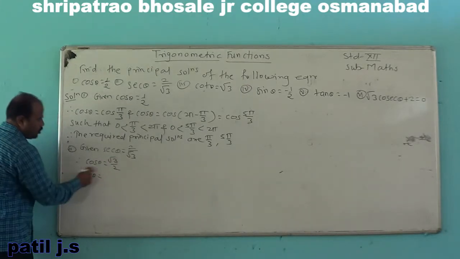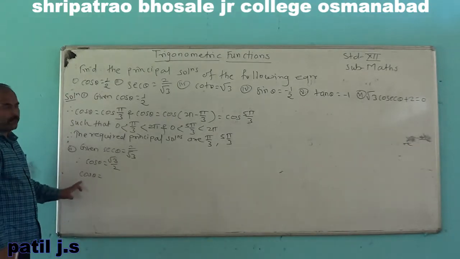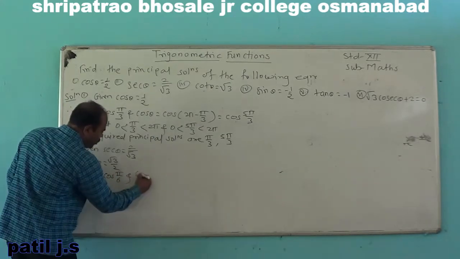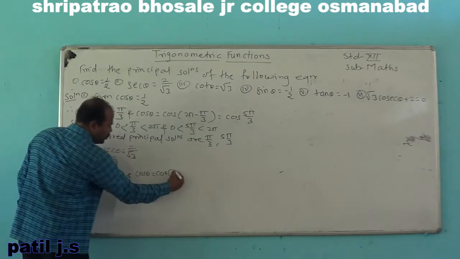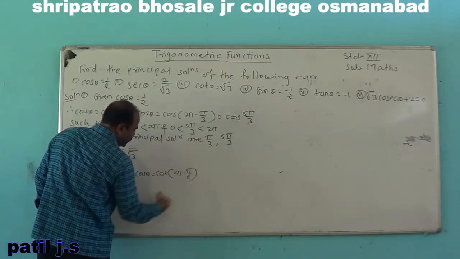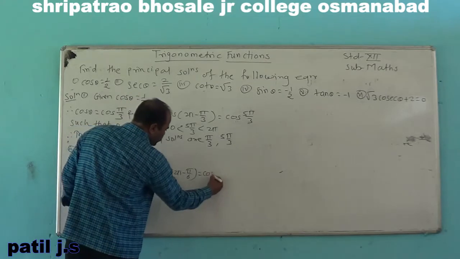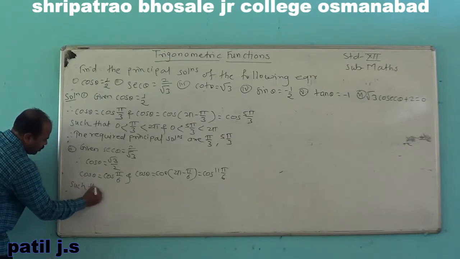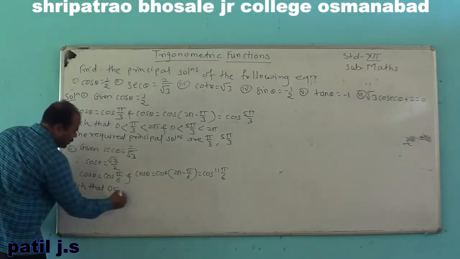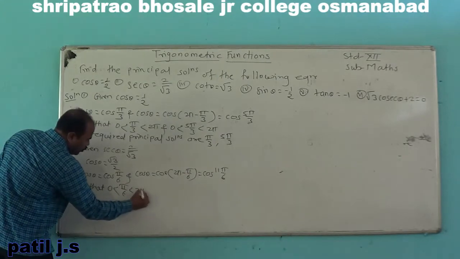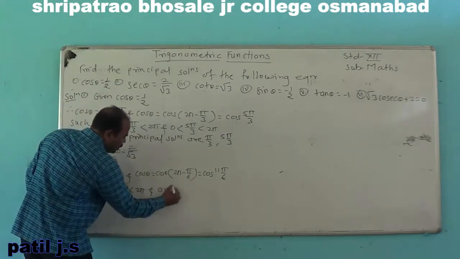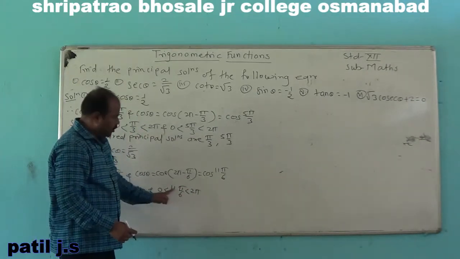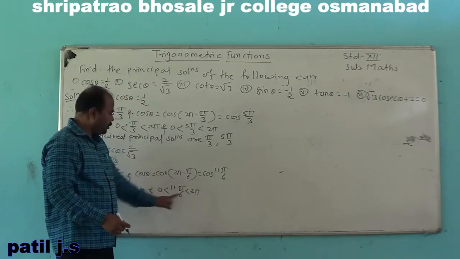Therefore theta is equal to pi by 6, and cos theta is equal to cos of 2 pi minus pi by 6, this is equal to cos 11 pi by 6, such that 0 less than pi by 6 less than 2 pi, and 0 less than 11 pi by 6 less than 2 pi. Pi by 6 is 30, that means 330. This is between 0 and 2 pi.